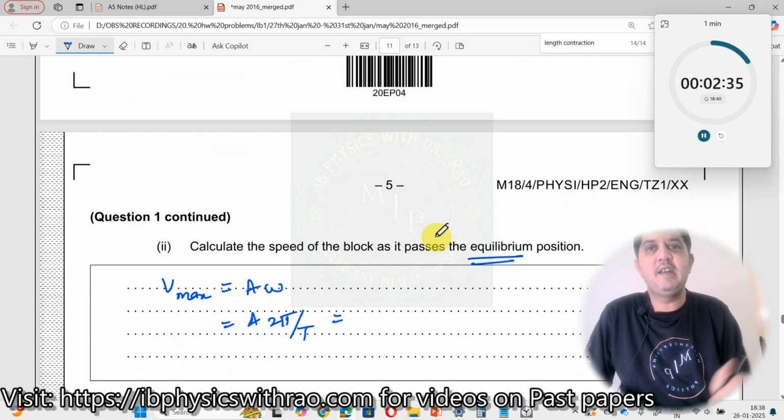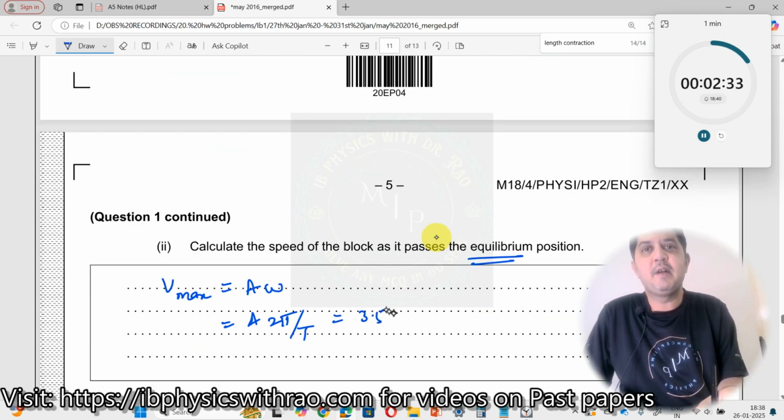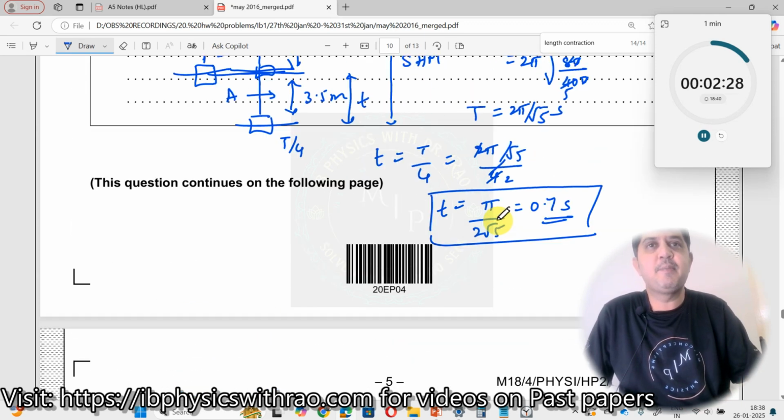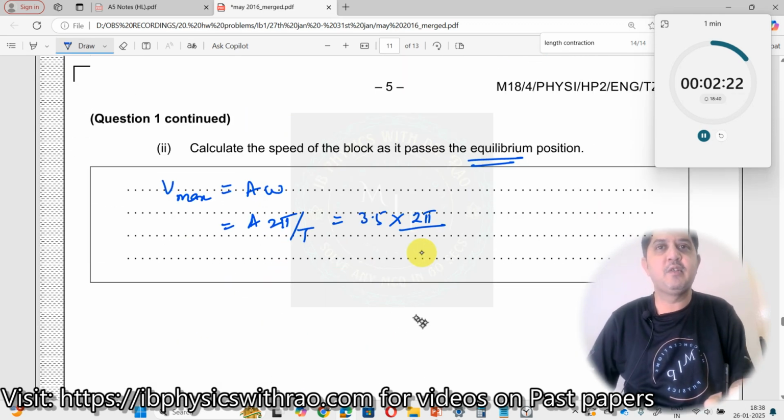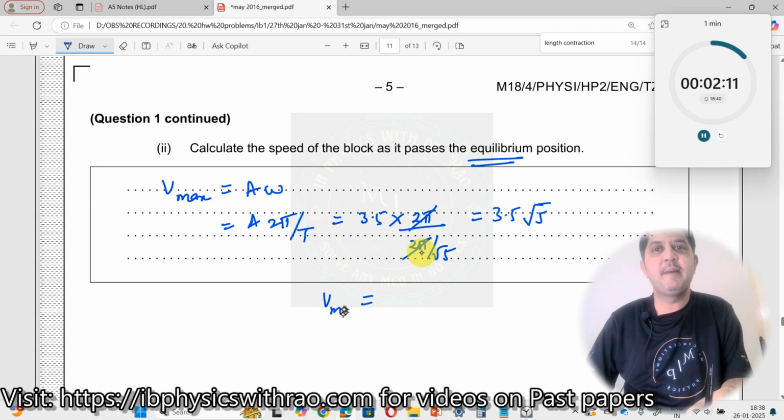So the value of A is 3.5 multiplied by 2 pi divided by capital T. What is capital T? Capital T we have found here, which is nothing but 2 pi by root 5. So let us write this as 2 pi divided by root 5. 2 pi goes away. So you get the answer as 3.5 times root 5. Let us find this V max.